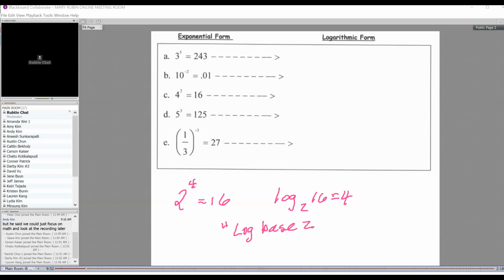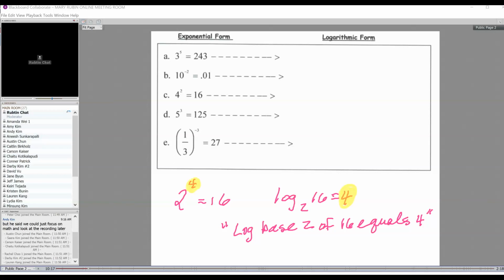Some people just go log 2 16, and that's not correct because it doesn't tell you really what's happening. Log base 2 of 16 equals 4. And the big deal with this is that 4 is your answer, and 4 is an exponent. So this is the same as this.